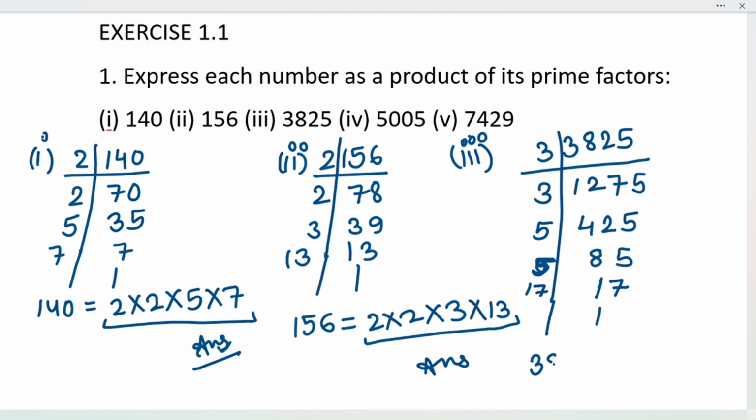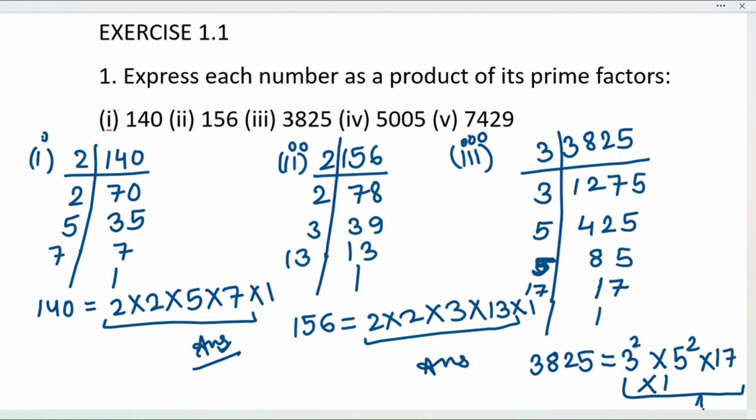So I can write 3825 as product of its prime factors, and its prime factors are 3 square multiplied by 5 square multiplied by 17. As 1 is also its prime factor, we will write 1 as well. Okay? This is the final answer.